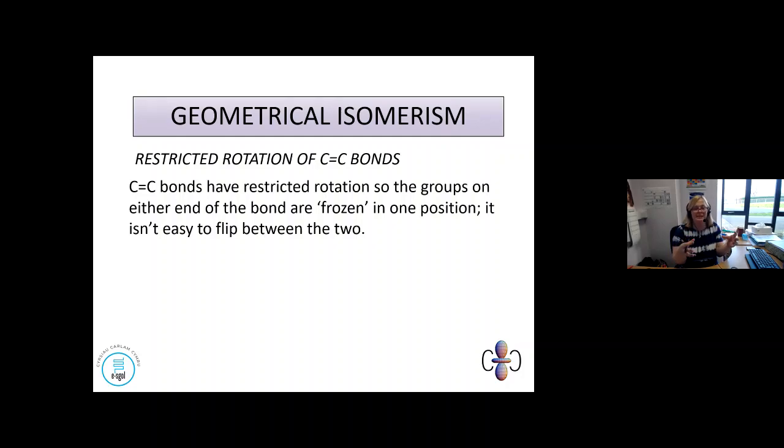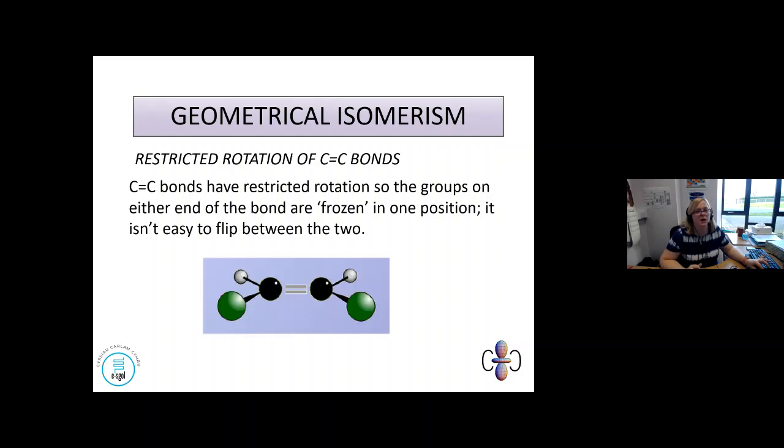So it freezes them in a single position. And it's not easy therefore to flip between one and the other. So if it's currently at the bottom there, then there's no way of you being able to twist it and somehow get this to be at the top. So they're frozen and they're in situ.